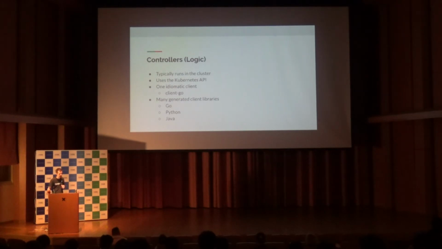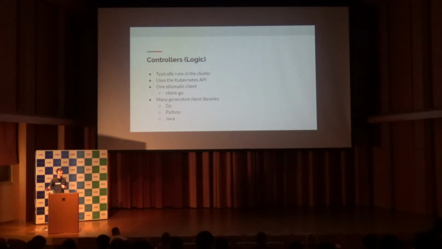And there are many client libraries out there. There's a bunch of them that are generated, in Go and Python and Java, and other ones in JavaScript and Ruby that are not quite as well supported yet, as well as a single idiomatic client, which is the client Go library.